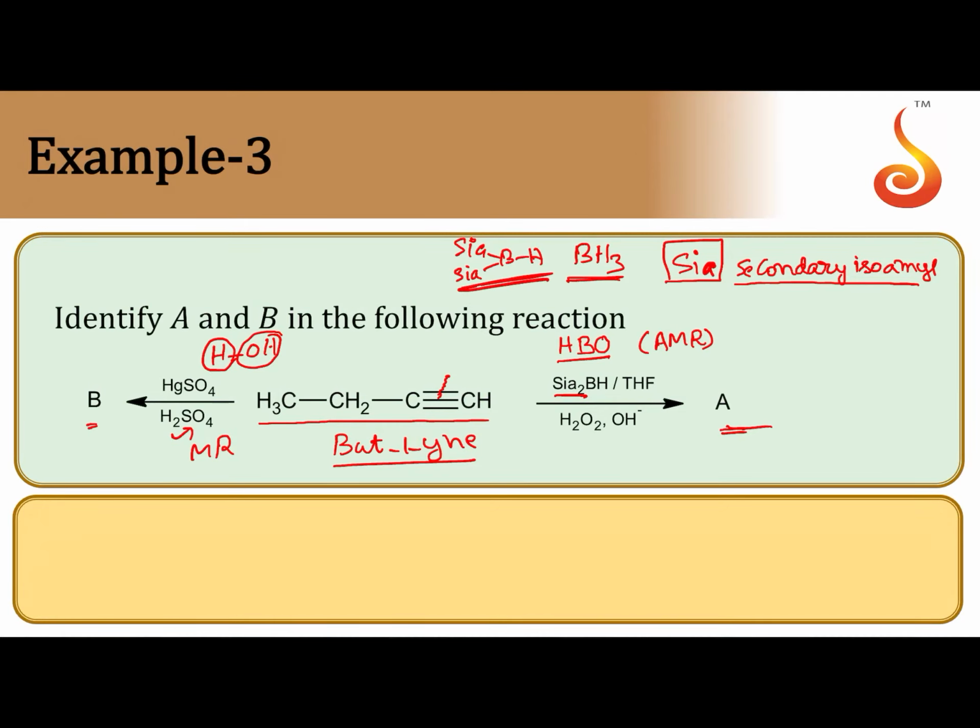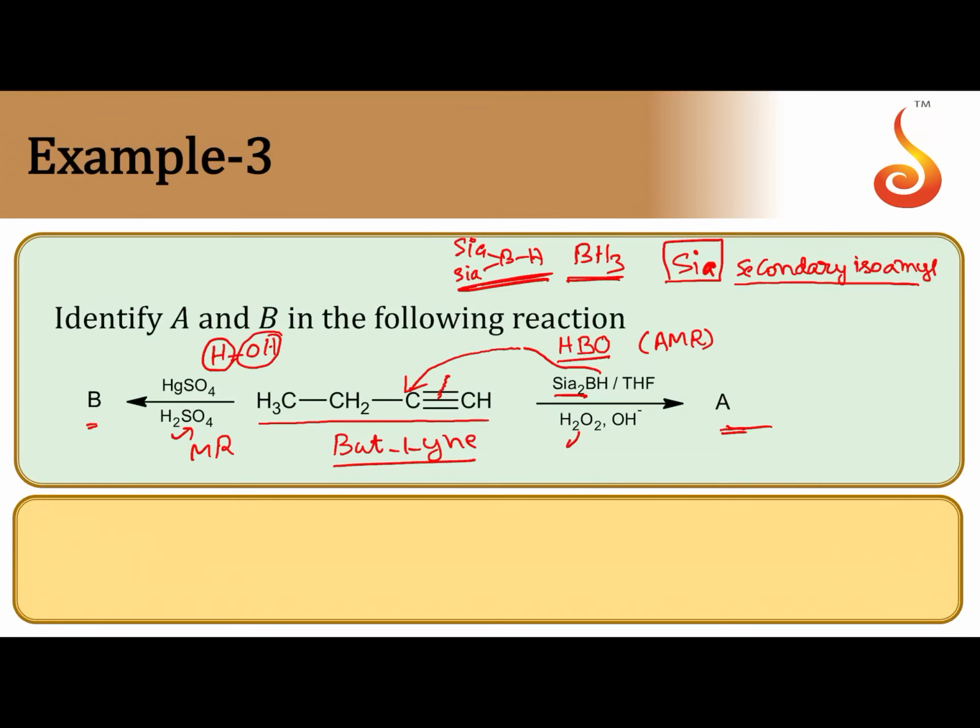This is the most useful reagent for the hydroboration. H comes from Sia2BH opposite to Markovnikov's rule, so that will go to the triply bonded carbon with the lesser number of hydrogens preferably.